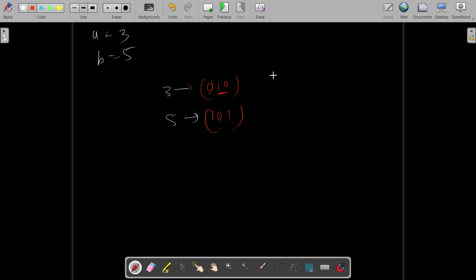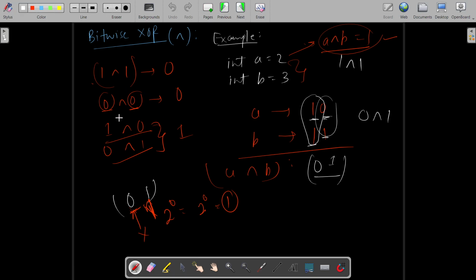Now if we try to find the bitwise XOR, this was the binary representation of A, and this was the binary representation of B. If we find A XOR B, what do we get? 1 XOR 0 gives us 1, because both the bits are different. According to the rule, 0 XOR 1 would give us 1, 1 XOR 0 would also give us 1, and the rest of the cases will give us 0.